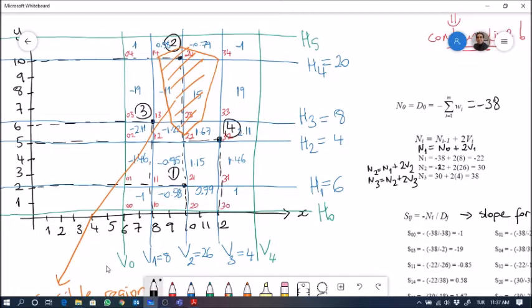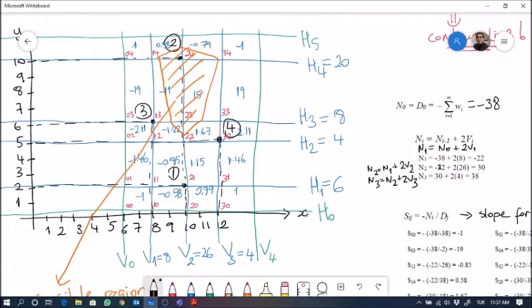Let's say that on the left hand side of vertical line 1, we are going to draw another imaginary vertical line and call it V0, and on the right hand side of vertical line number 3, we are going to draw another imaginary vertical line and call it V4. So the green lines here, V0 and V4, are imaginary, and they can be anywhere to the left of V1 and to the right of V3.